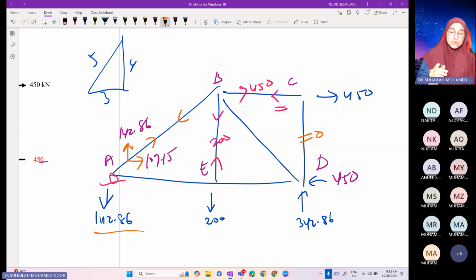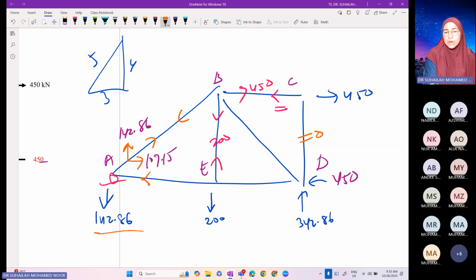Okay, so 107.15 dekat A, dia ke kanan. So, dia mesti ada satu lagi ke kiri, baru boleh balance. So, yang kiri tu, letaknya di sini. Opposite. Dia tak ada dekat reaction. So, kita dah remove as redundant. So, situ kita assume dia roller sekarang. Even though asal adalah pin. Tapi sekarang ni kita dah remove roller tu kan.